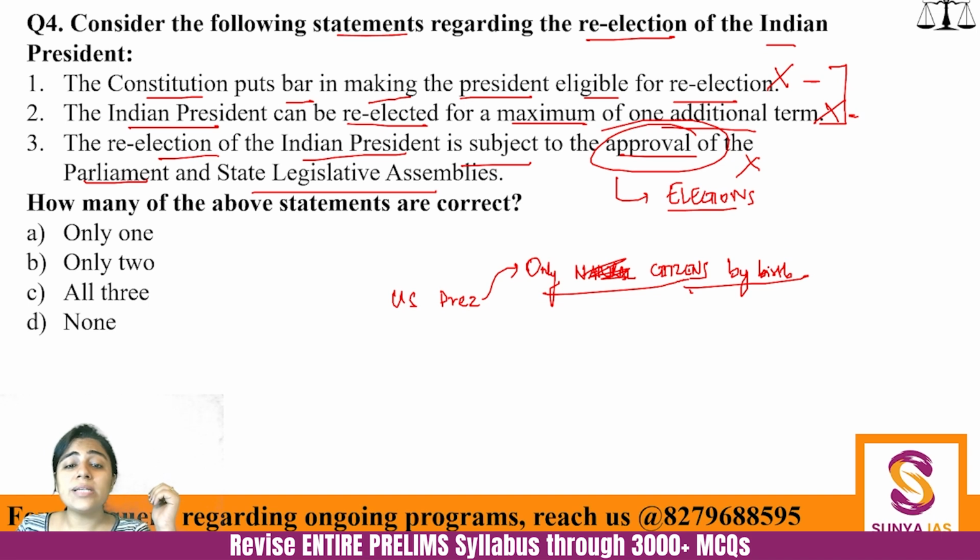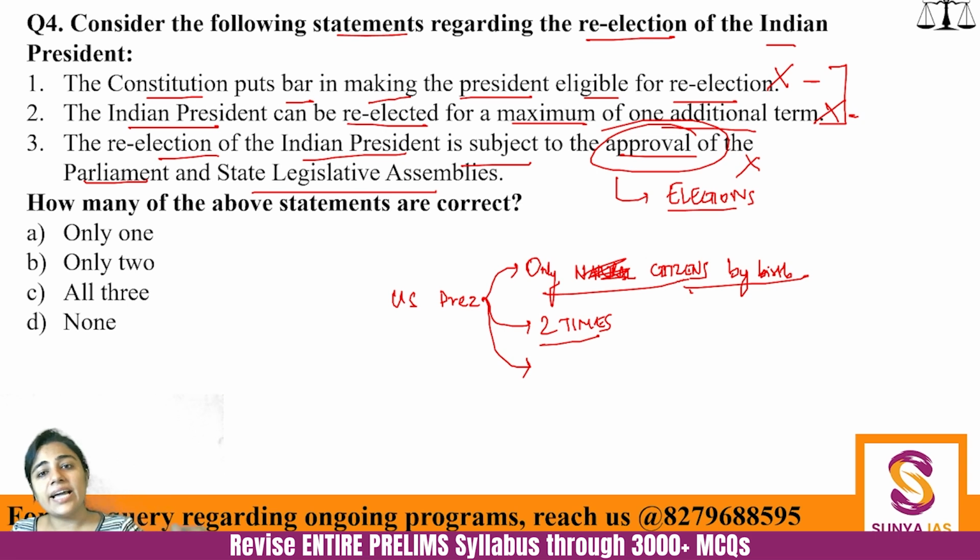And in the US presidential election, there is a bar of 2 times. Maximum a person can become US president for 2 times, not more than that, in their entire lifetime. It's not that in a row. In their entire lifetime, they can become president only twice. That is why Obama was able to become president only twice. Otherwise, he would have been elected again also.